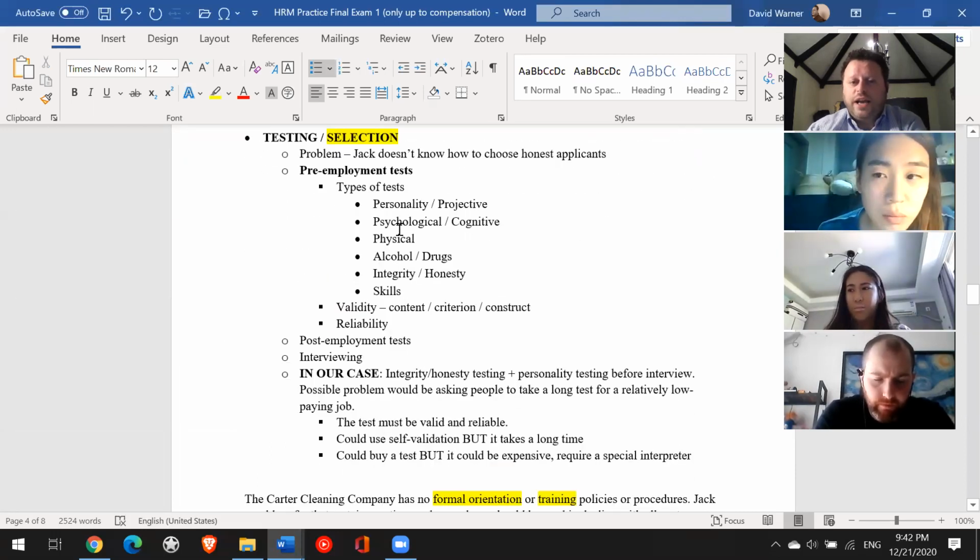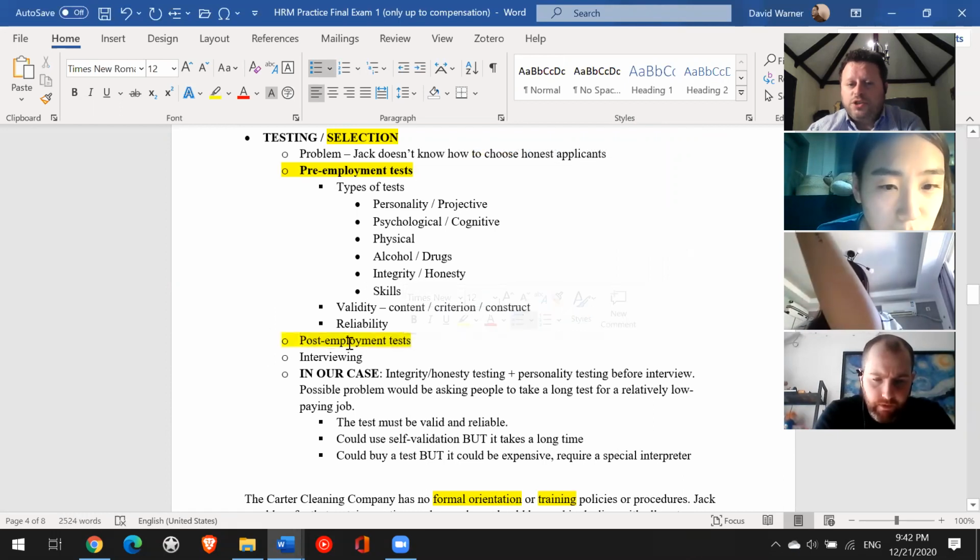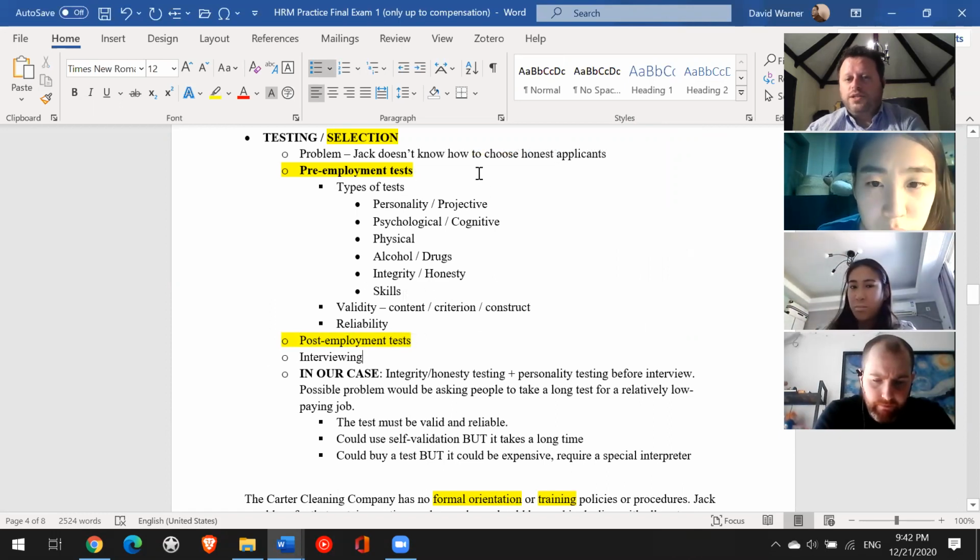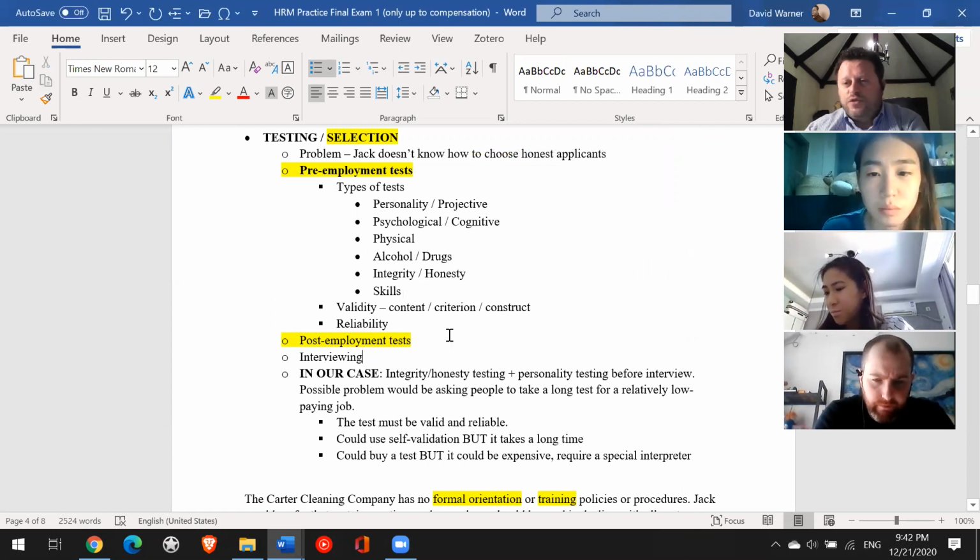When we're talking about selection, we're talking about the pre-employment tests, and don't forget about this, the post-employment tests. We didn't talk much about this today, but there's pre and post. These tests can all be used before someone is hired or after someone is hired. Just because you gave someone the job doesn't mean you should never test them again.